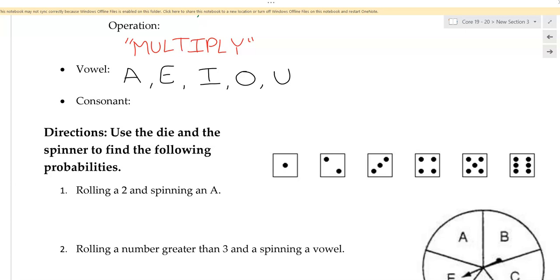We have 5 of them. Our consonants are letters that are not vowels. So anything that is not A, E, I, O, or U is a consonant.